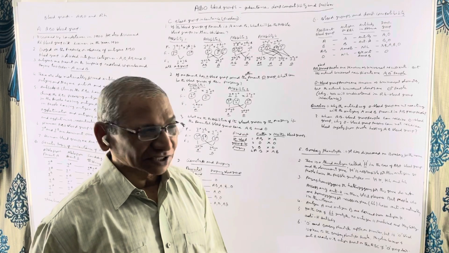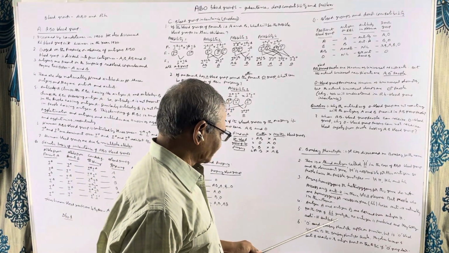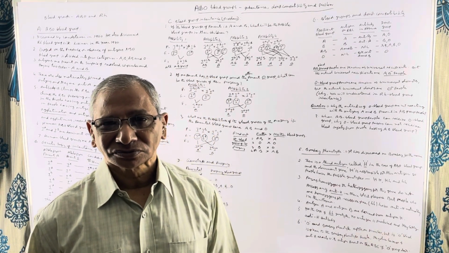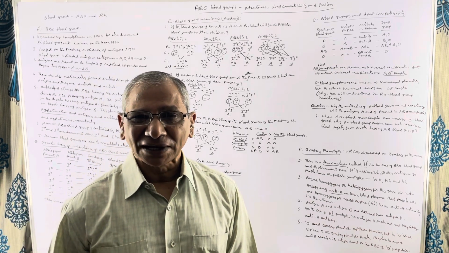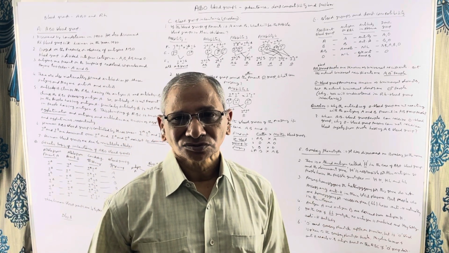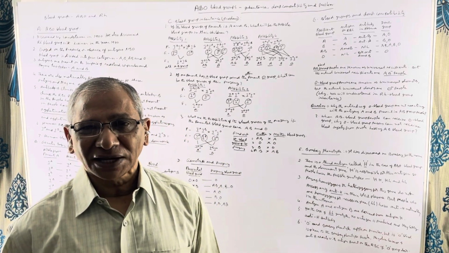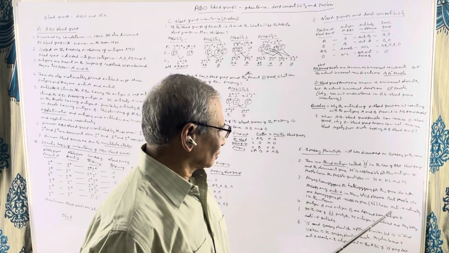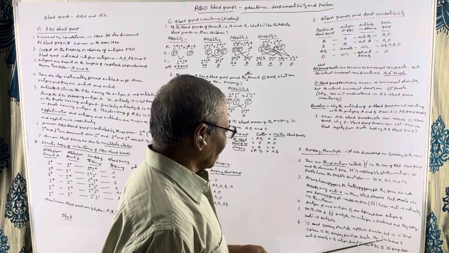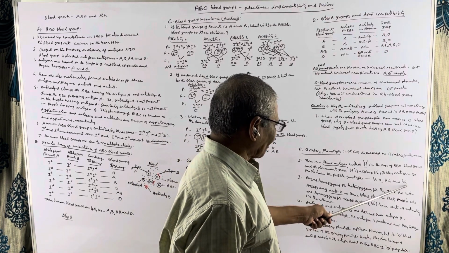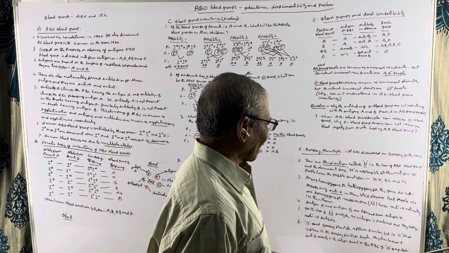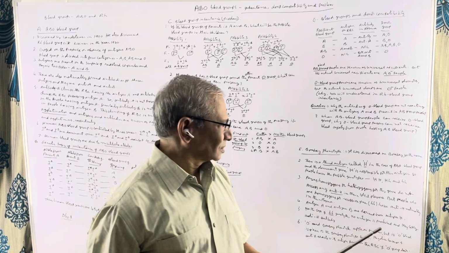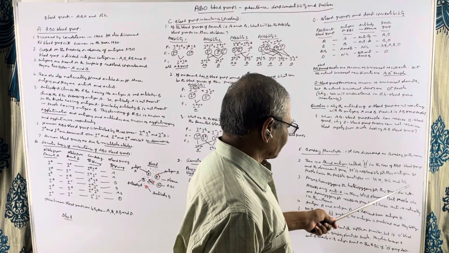It helps in the synthesis of antigen H. This antigen H gives rise to antigen A and antigen B. So antigen A and antigen B are derived from antigen H. Then, if a person is double recessive for the gene H, what happens? He will have O group.